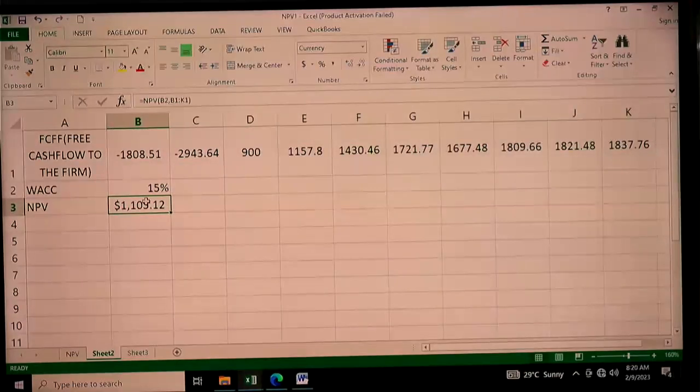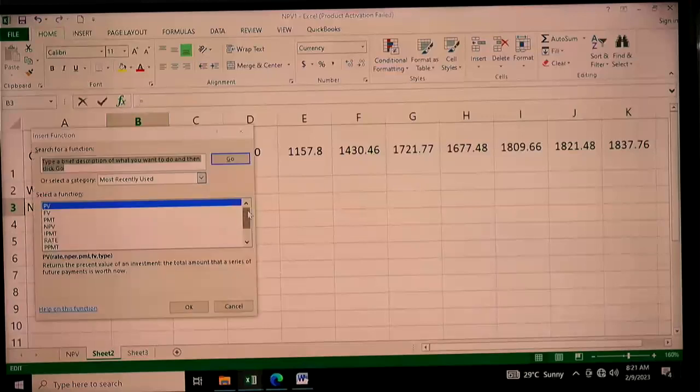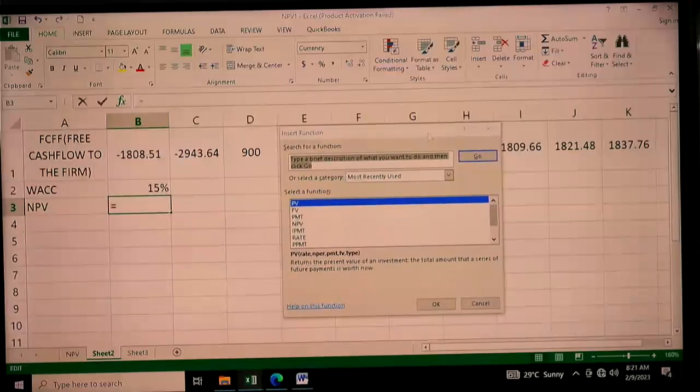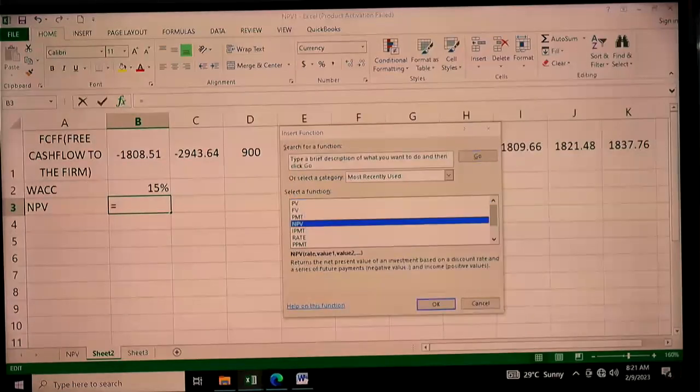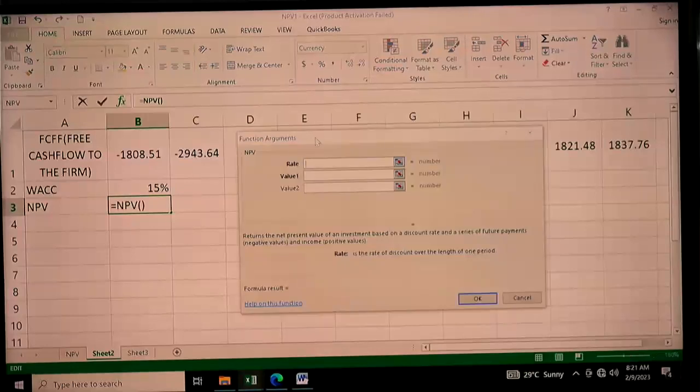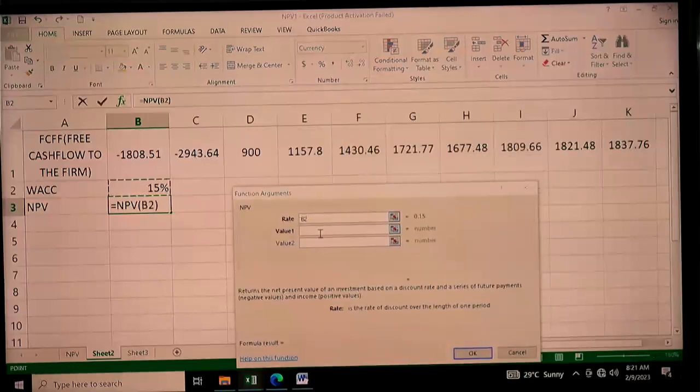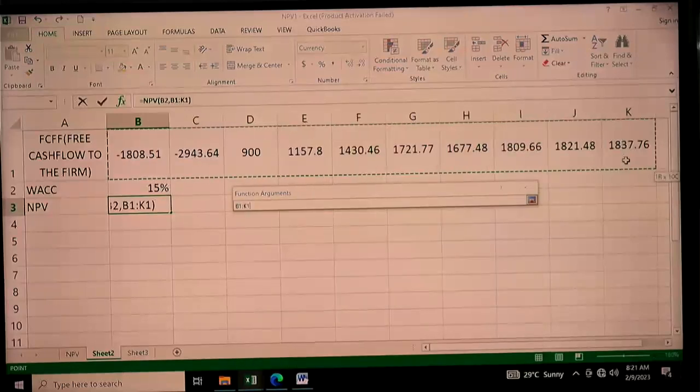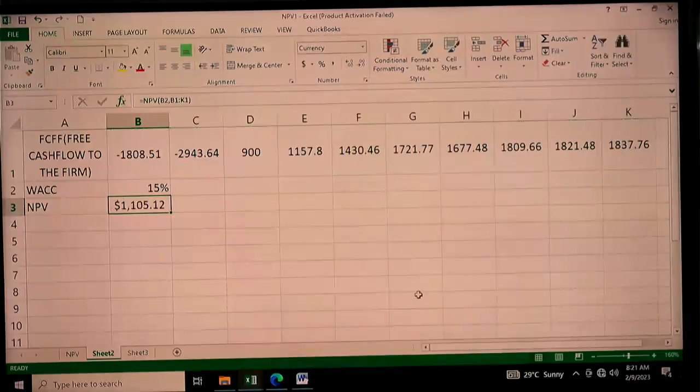So you get that? So we have said that you insert the function, you click on insert function, then you select net present value. Click OK. You select the rate is 15%, then the future cash flow, then you click OK again.